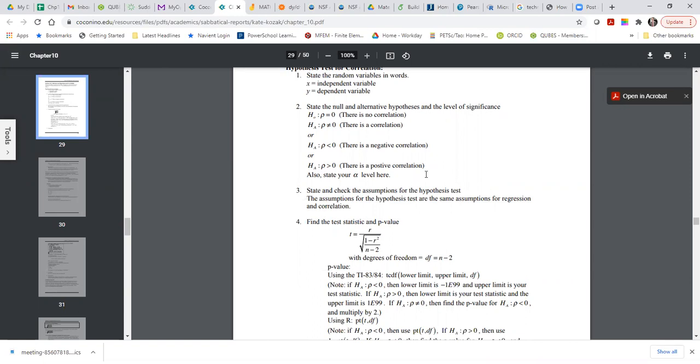So you can test the claim using the next step. Okay. Yeah, so state and check the assumptions for the hypothesis test. The assumptions for the hypothesis test are the same assumptions as for the regression and correlation.